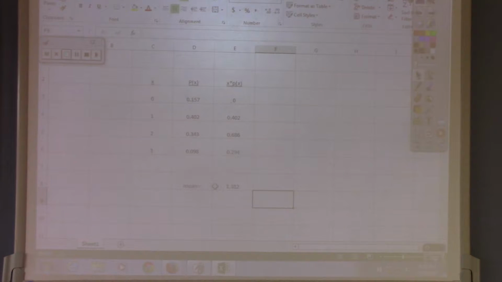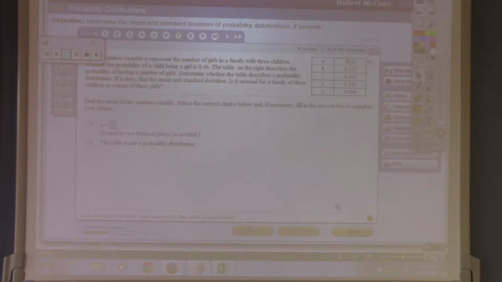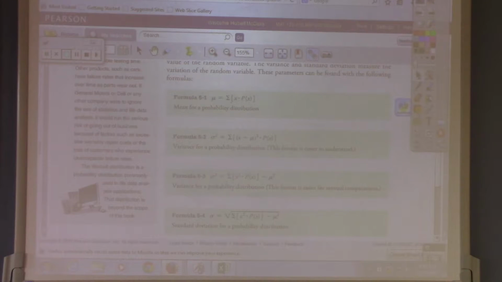Now how do you find the variance or the standard deviation? Well, I really don't care about the variance, but the questions in the book may ask you to find the variance, or the homework may ask you to find the variance. So we're going to find the variance. So we go to our handy-dandy formula. What do we need that we don't have in the variance and standard deviation formula?